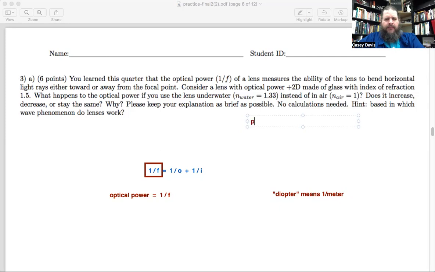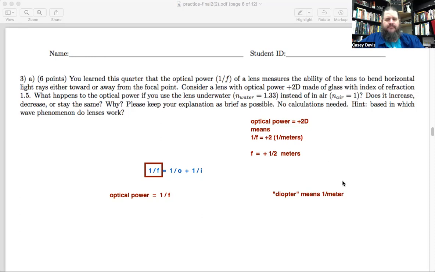So optical power equals plus 2 diopters means 1 over the focal length equals positive 2, 1 over meters. If you invert both sides, the inverse of positive 2 is positive 1/2, and the inverse of 1 over meters is meters. So the focal length is half a meter, or 50 centimeters. Gotcha. Thank you.